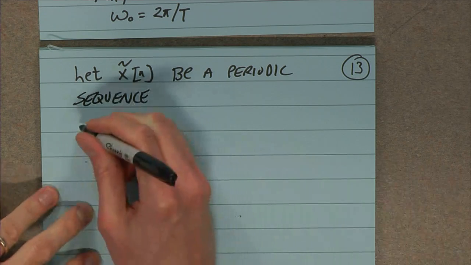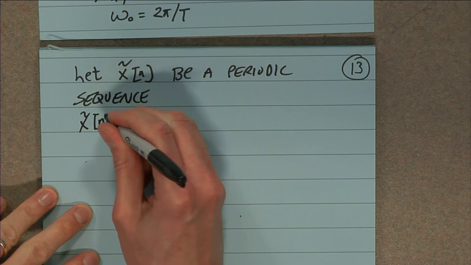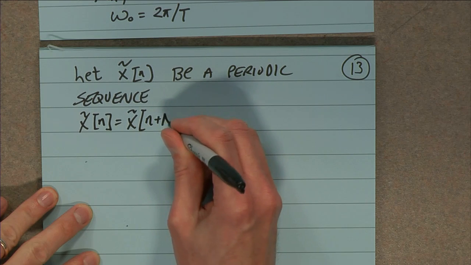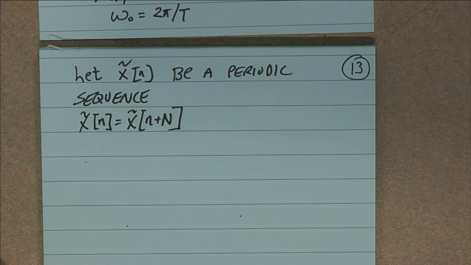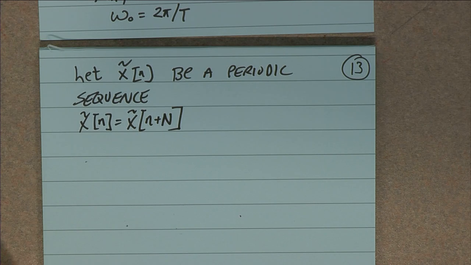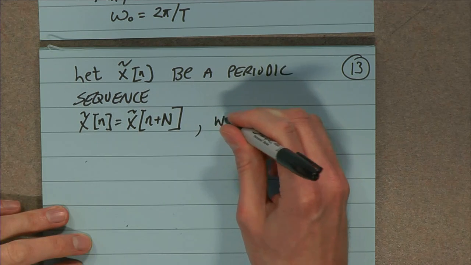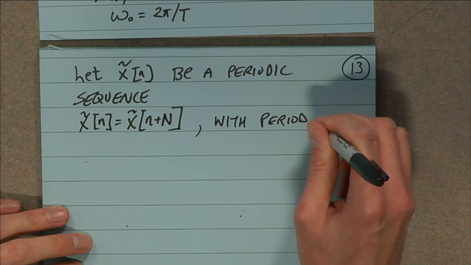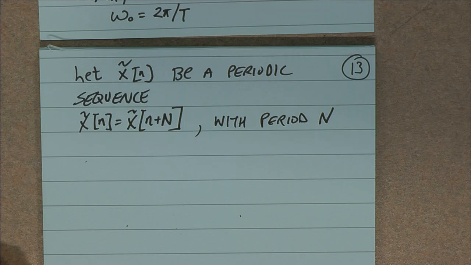What does that mean? Well, it means that at some point you get the same answers repeating over and over again. Once you get past N, it repeats. So it's a periodic sequence with period N samples.